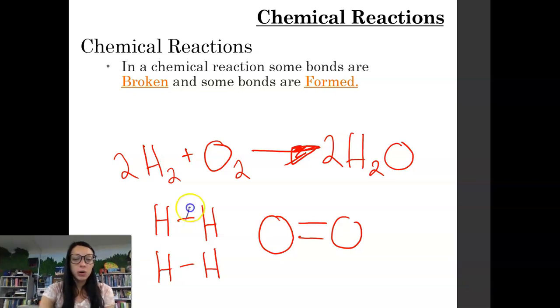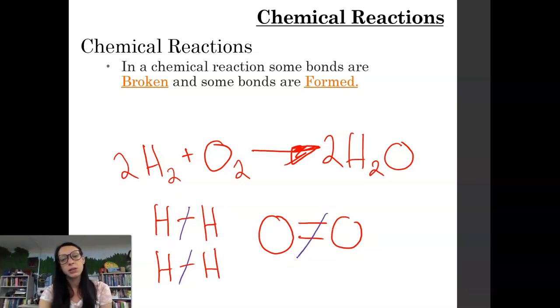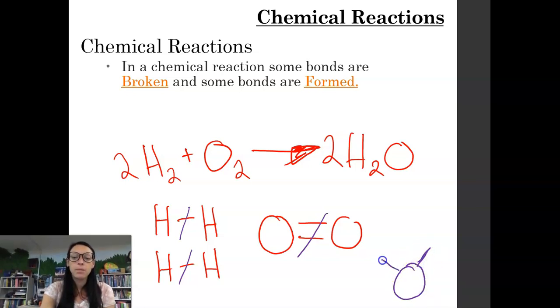We need to break apart the bonds between our hydrogen molecules, and break apart the bonds between our oxygen molecules. Then we need to reform them so they look like this. We have our oxygen, and then we have our hydrogen, and we'll have 2 of those.